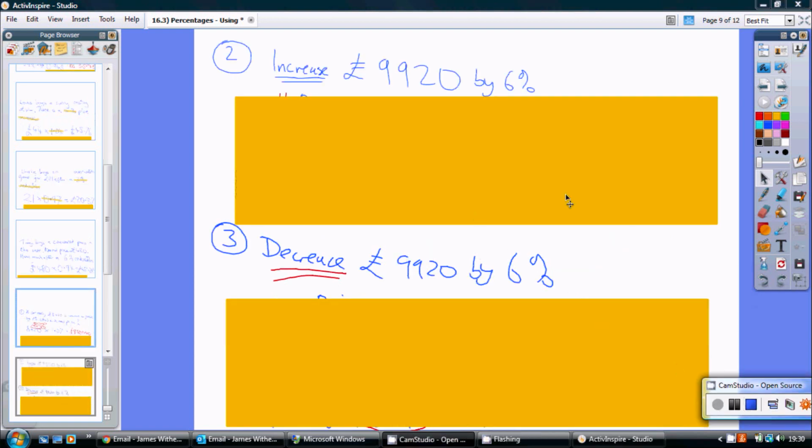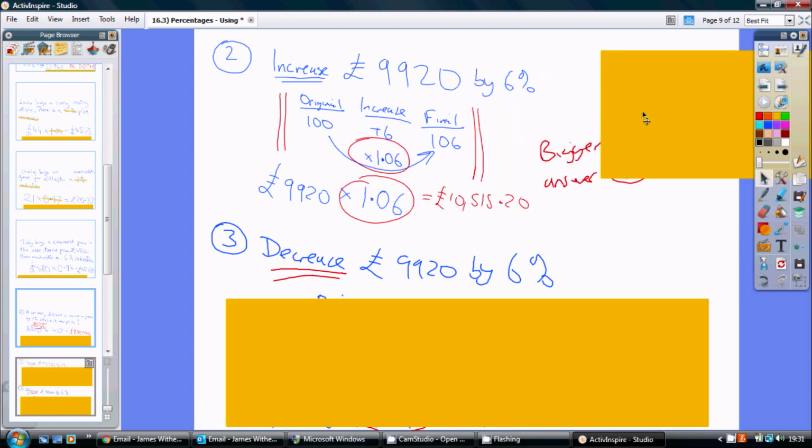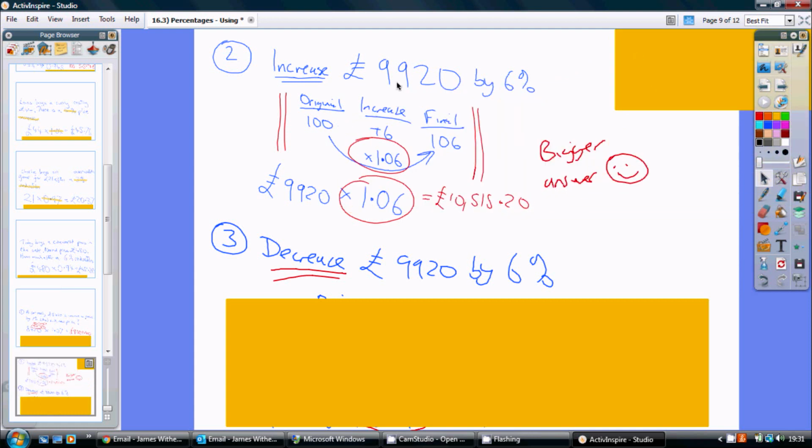So here are two more, so have a go at these. With the first one, an increase by 6%, so the multiplier will be 1.06. So 9920 multiplied by 1.06 gives us £10,515.20.